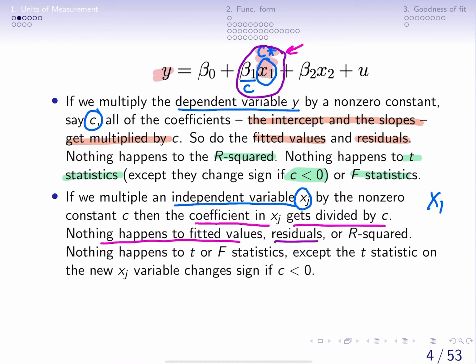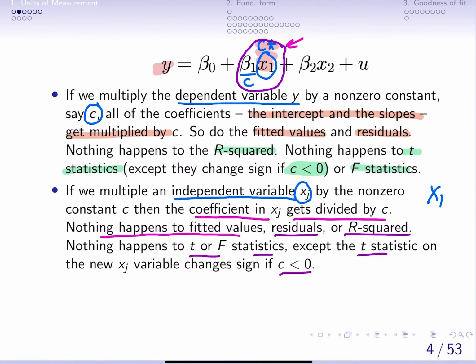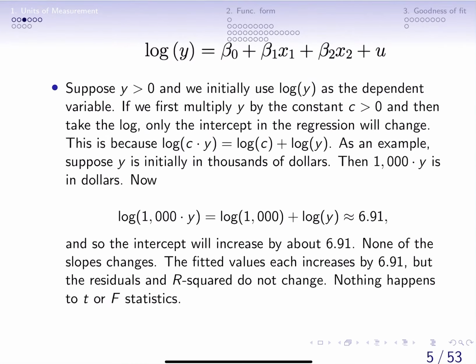Nothing happens to the residuals or R squared, and also nothing happens to the t or F statistics. Only the t statistic would change sign if you're multiplying xj by a negative value.